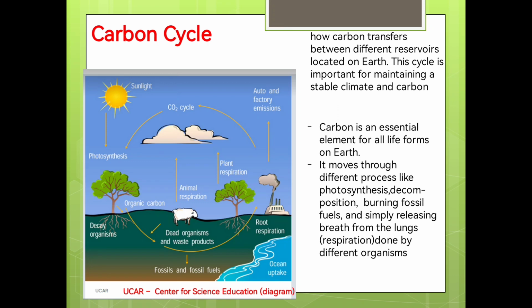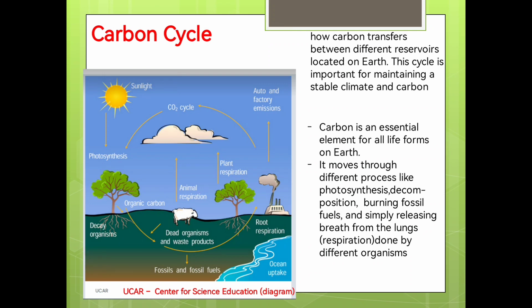Sa pamamagitan ng pagdaloy ng tubig sa dagat at sa mga ocean. And after a long period of time and far from its original location, the water warms and rises again to the surface, releasing carbon dioxide back into the atmosphere, and the cycle continues.